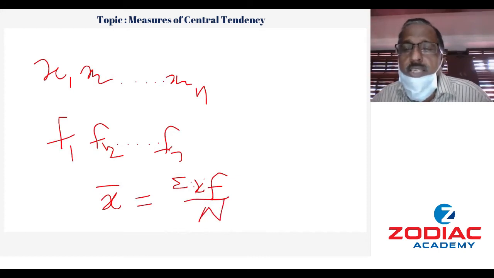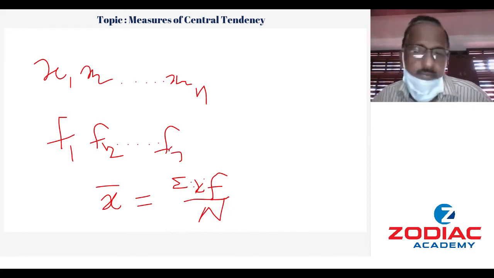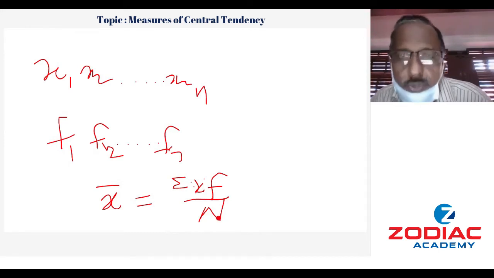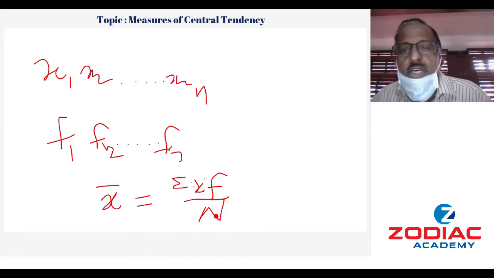Here capital N is the total of the frequencies, that is f1 plus f2 plus etc. plus fn is equal to capital N. So you can calculate x1 into f1, x2 into f2, etc. xn into fn, and take the sum. That is sigma xf, divided by capital N.